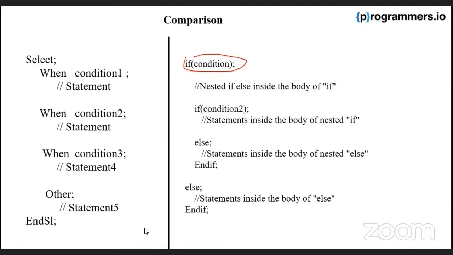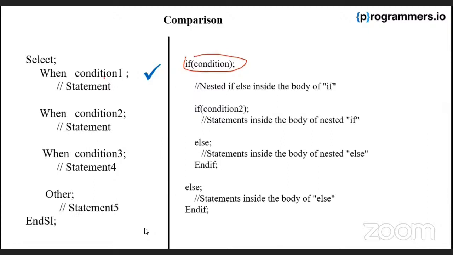Here I already told you about the statements condition. Suppose when condition 1 is true, then this statement will execute. And the main thing is, if condition 1 is true, then no other condition will execute.